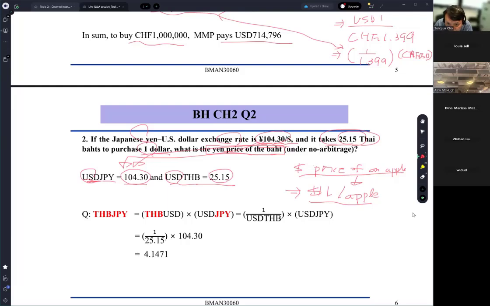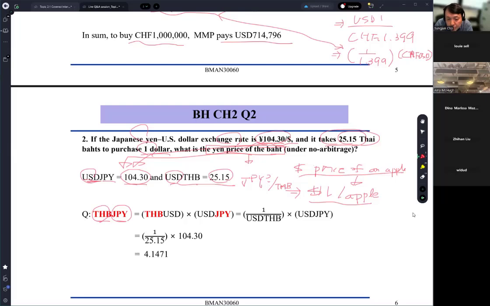So the yen price of the baht means baht should be in the denominator. This means something like how many yen you need to buy one Thai baht. So THB JPY: for one Thai baht, how many yen do you need to pay?